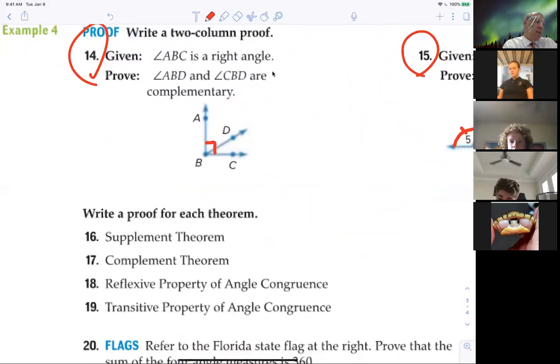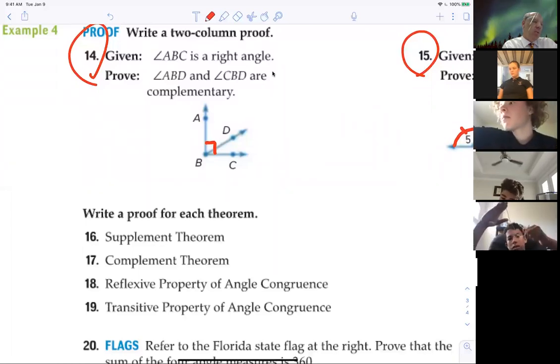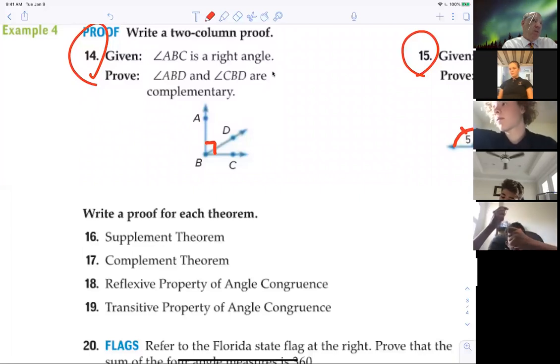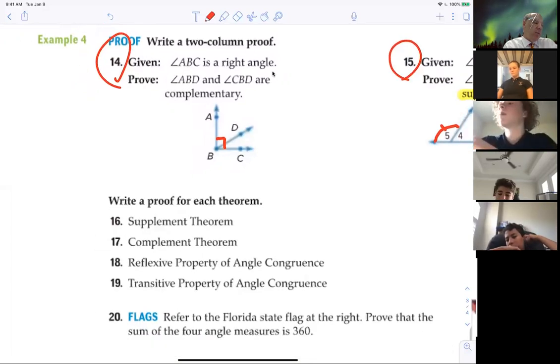Then you could say that angle ABD plus angle DBC is equal to angle ABC, right? And that'd be the angle addition postulate. And then we can just make a substitution. Do you agree with that? Yes? All right, that wasn't too bad.